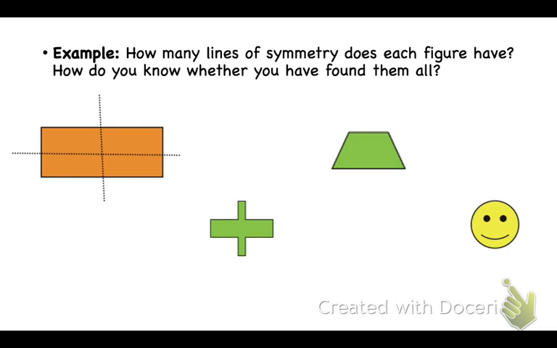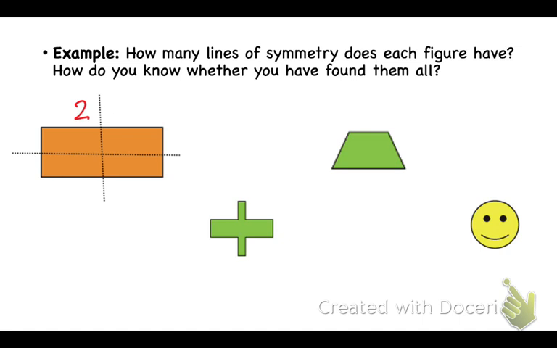How do I know if I have all of them done? Fold your paper in your mind, right? Can I do this? No, it did not fold onto itself, right? So we have 2.